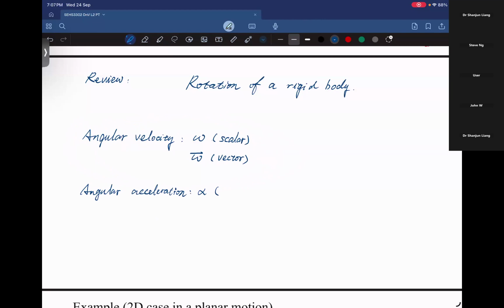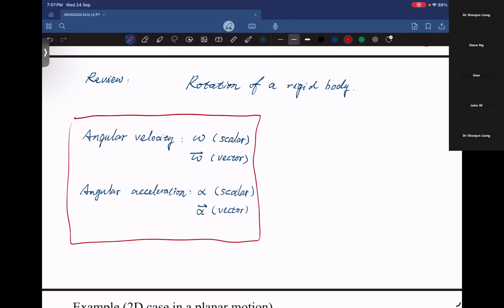If we just have an alpha, it is a scalar, right? Scalar means just a number. If in vector, we just use an alpha with an arrowhead, right? And in vector version.